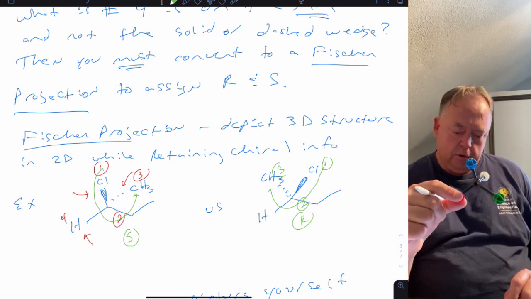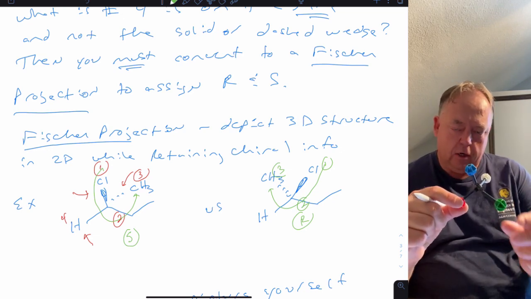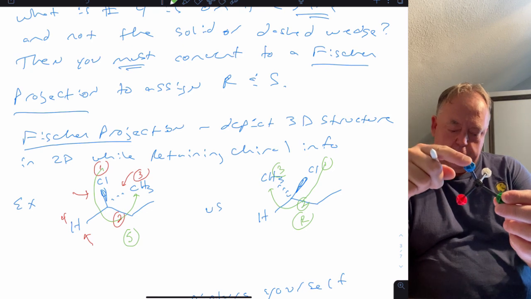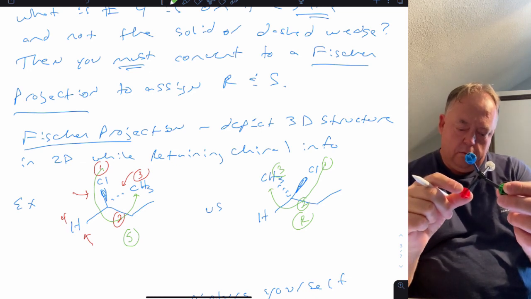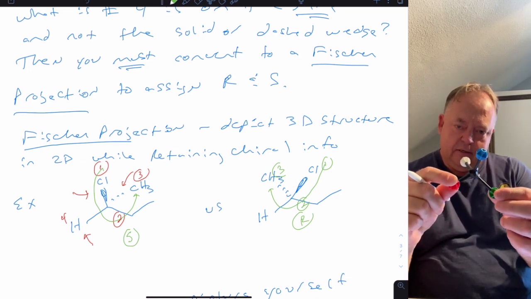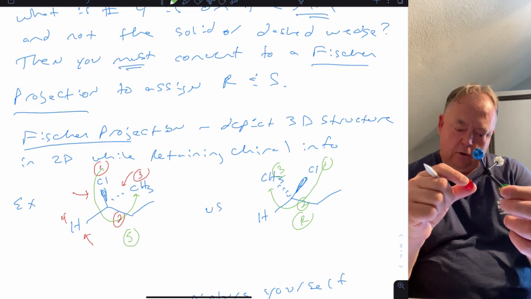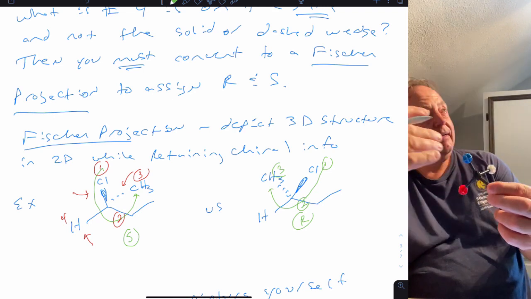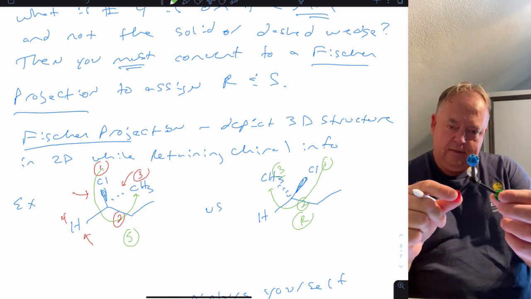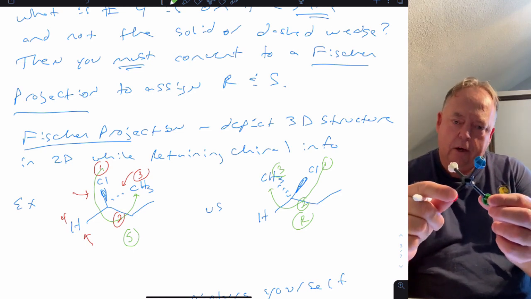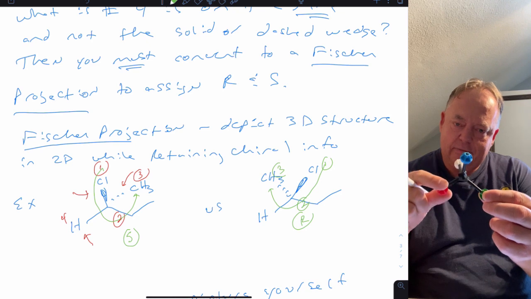So for example, what's the difference between these two molecules that I have drawn? If this is coming toward you, that's chlorine, and this is going away from you, so that's methyl. Between these two molecules, all that I've done is this. Here it looks like the solid wedge is on, I think, your left. And if I did this, then it looks like the solid wedge is on your right, but that did not change the stereochemistry of this carbon.